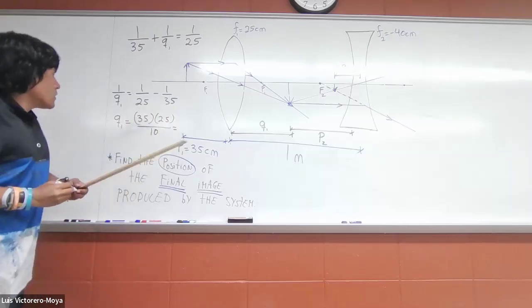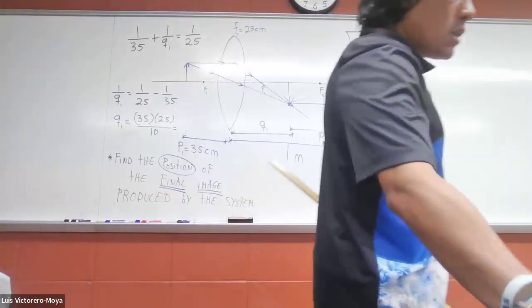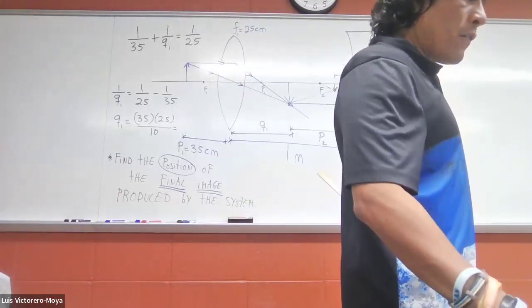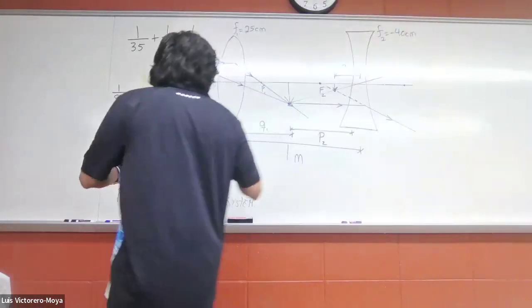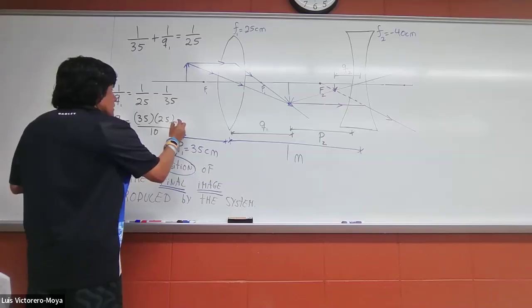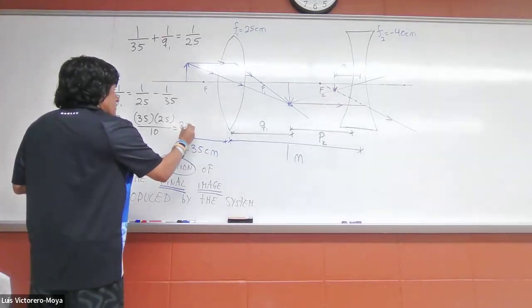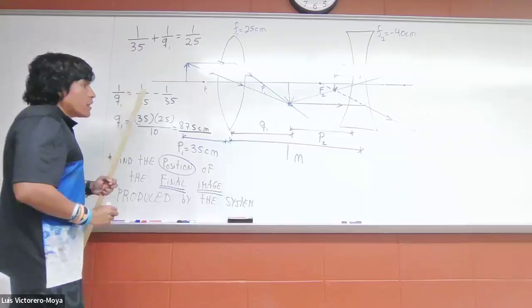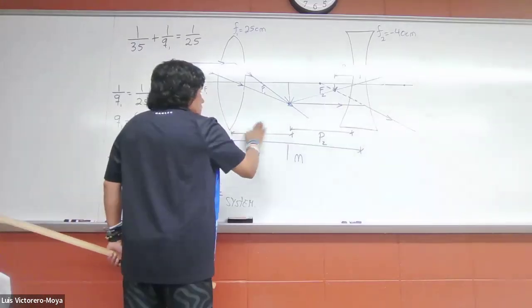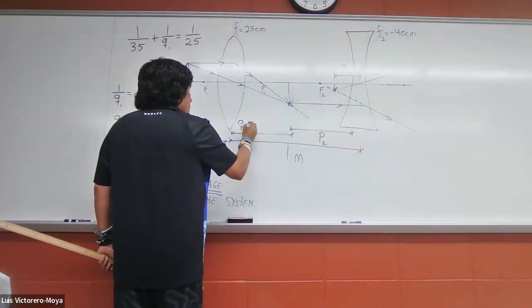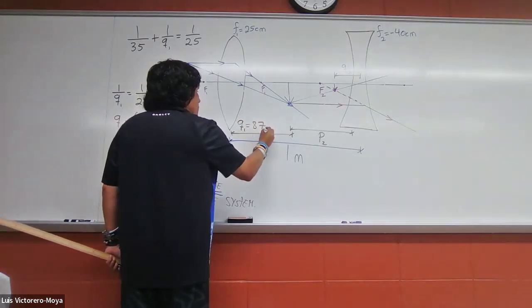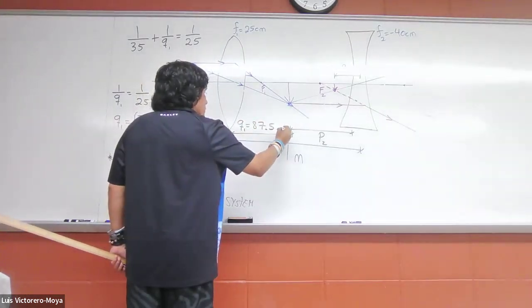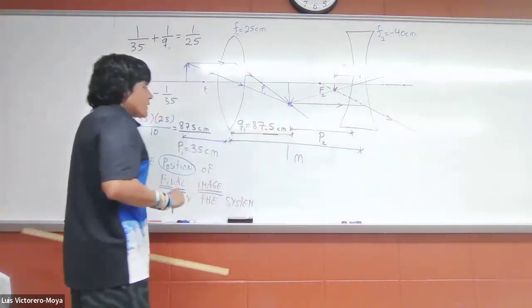So how much is Q1? 35 times 25, 87.5. That's okay. So Q1 is 87.5. Like that.